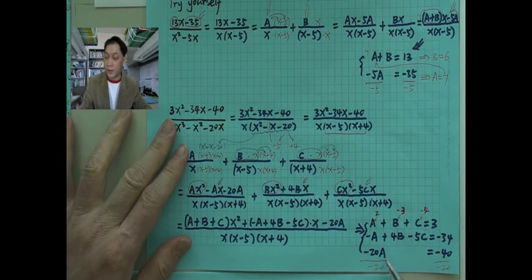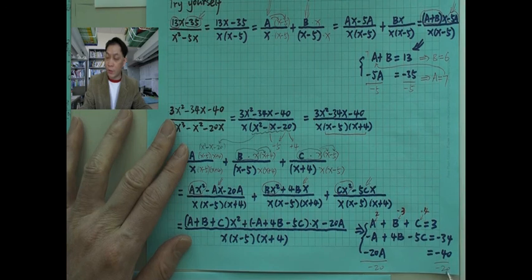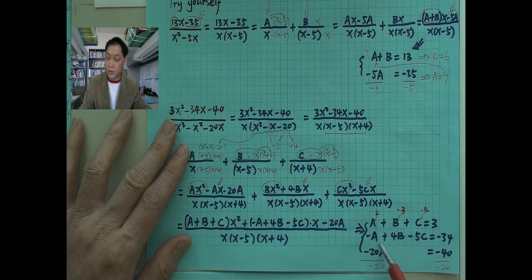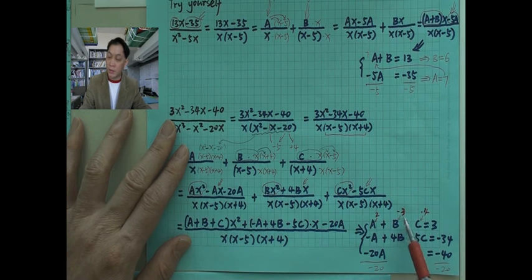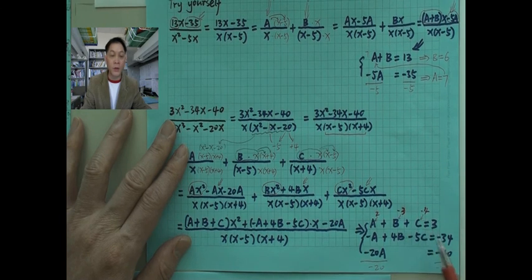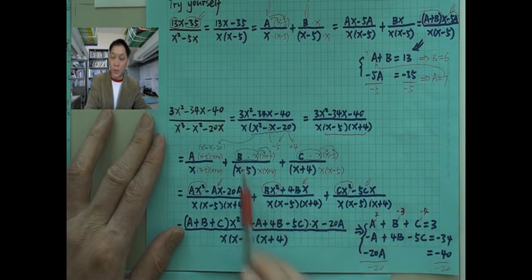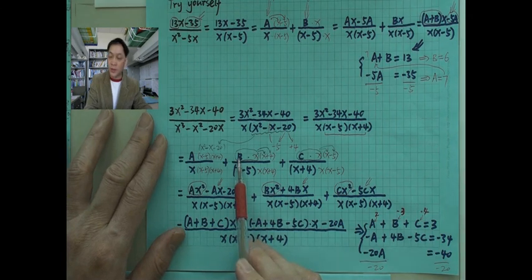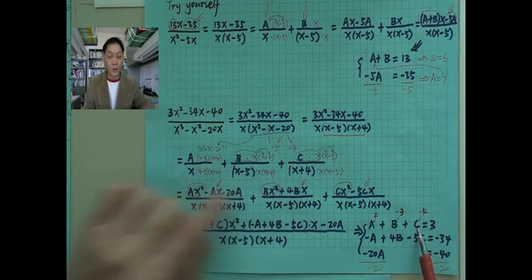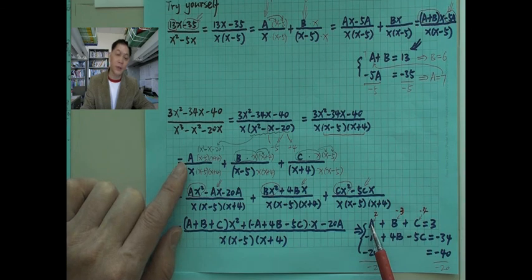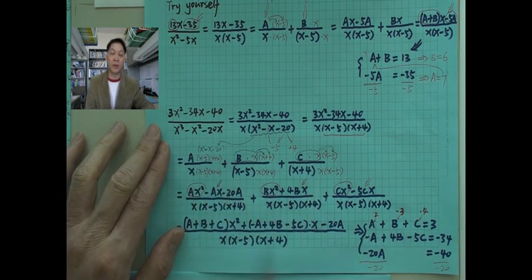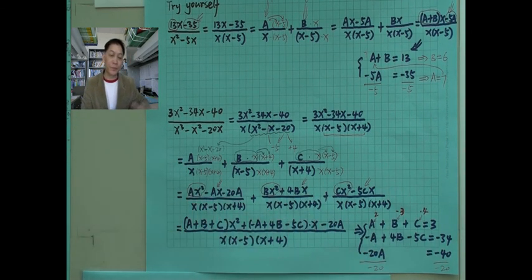Then you have a equals negative 40 divided by negative 20, which is just 2. And then you plug in 2 here. You can solve for B and C. B is negative 3, C is positive 4. So then you have B is negative 3, C is positive 4, and A is 2. So then you actually find the decomposition.